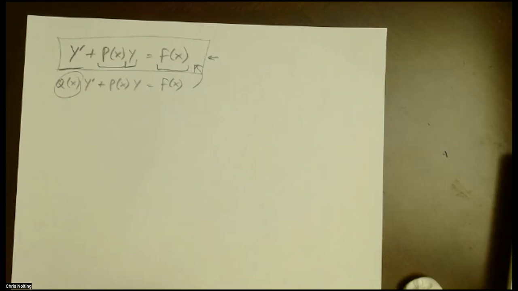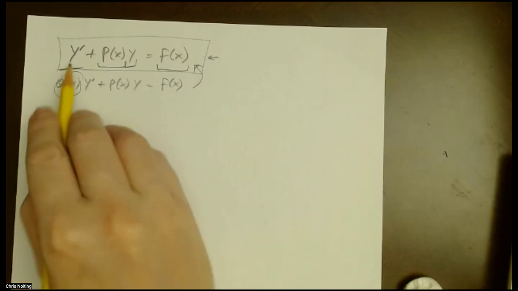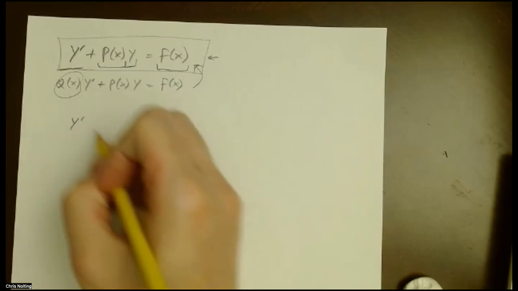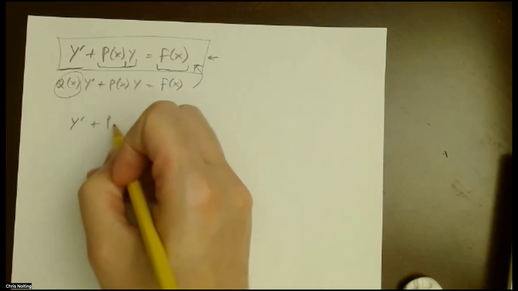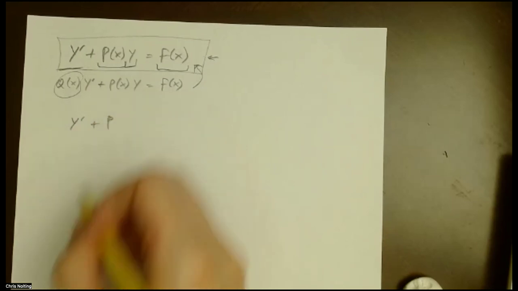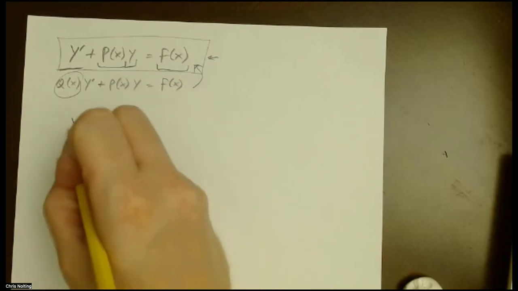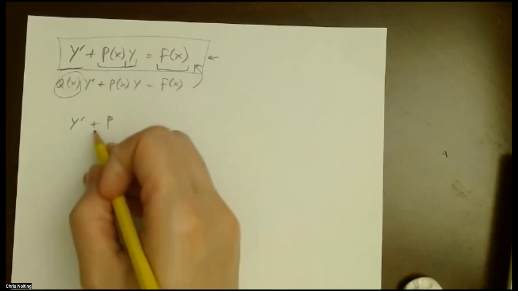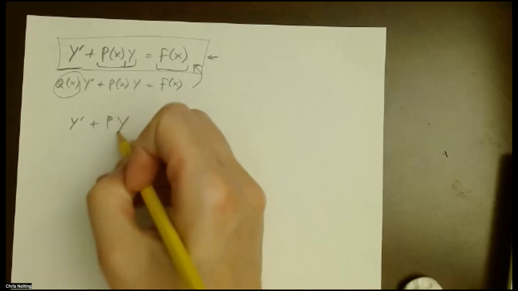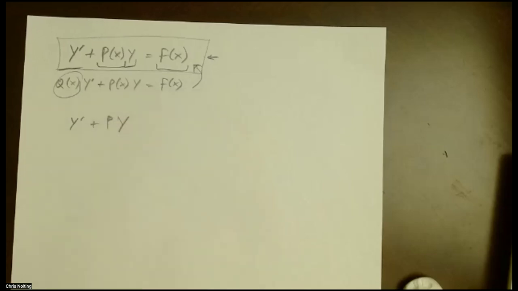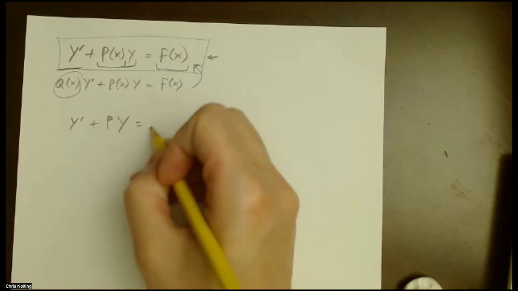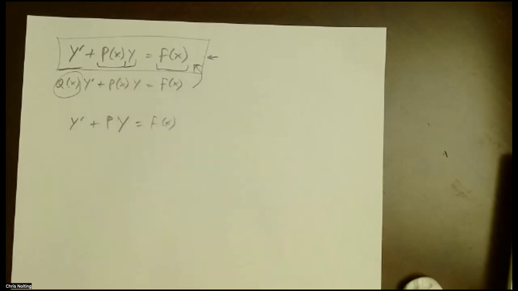So one thing I want you to notice is that here now we have the derivative of y plus something, and sometimes I'll drop the function of x here, but p is still always a function of x. So you've got the derivative of y plus something times the function y itself. And of course, that's equal to something over here.